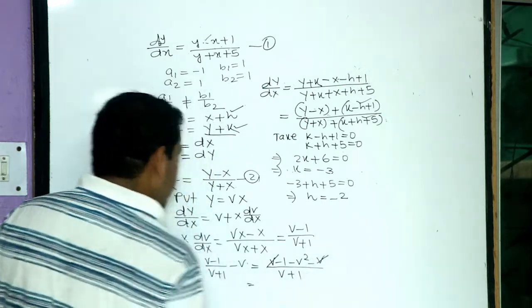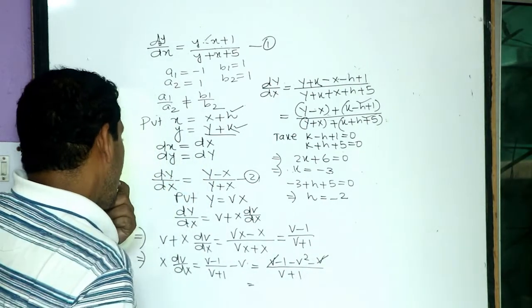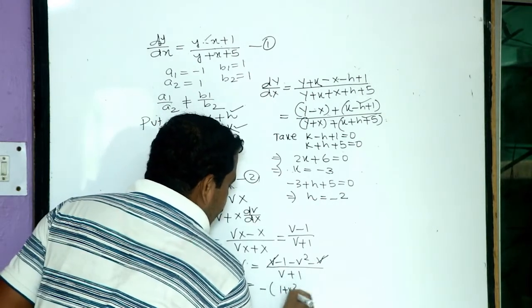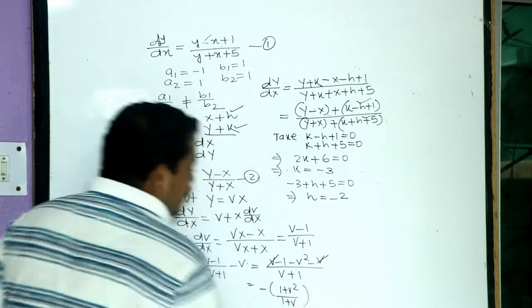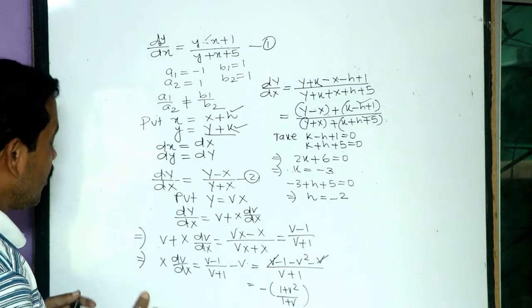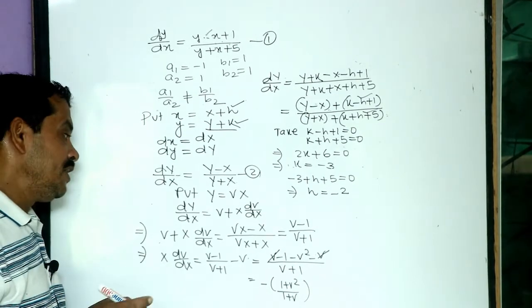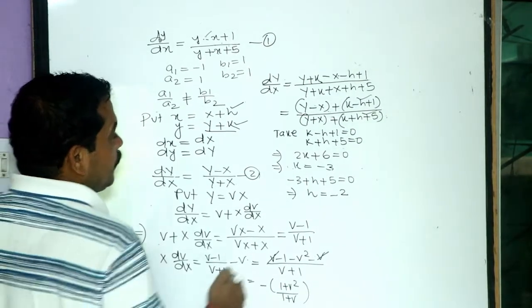Cancelling v, we have minus of 1 plus v square by 1 plus v. Taking minus common from the numerator, the right hand side becomes 1 plus v square by 1 plus v.